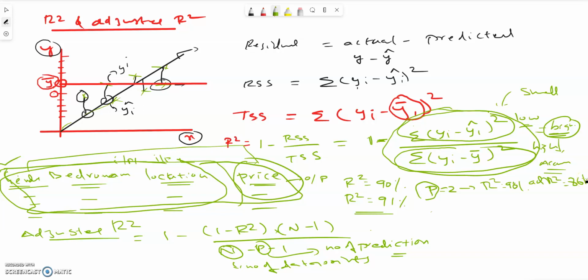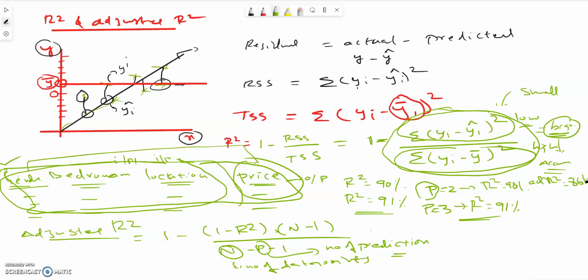Now we want to add an additional feature, called gender in this case. So this time p is equal to 3. Now r square, since we have increased the features, will take 1% extra, which is 91%, which it is not supposed to be, but it is going to happen here in r square performance.